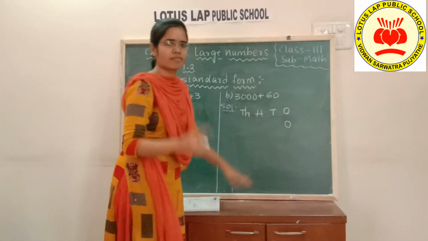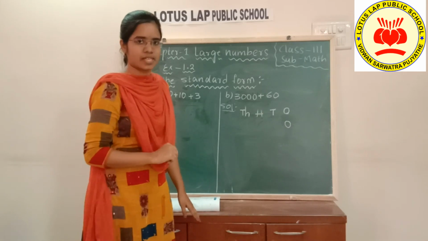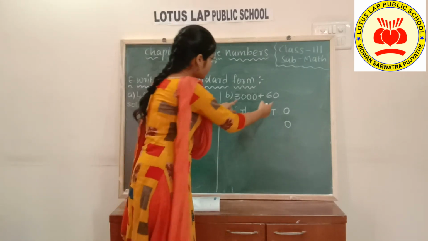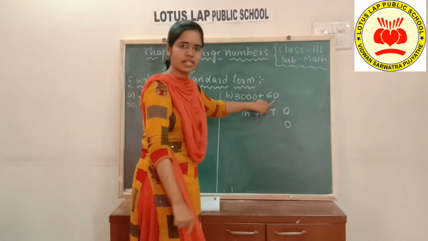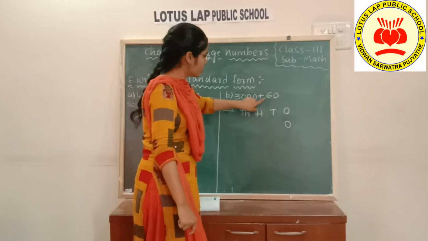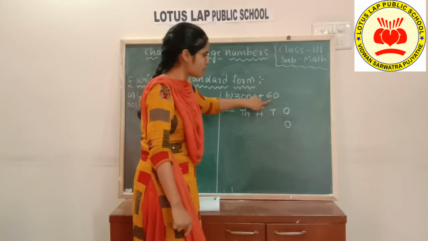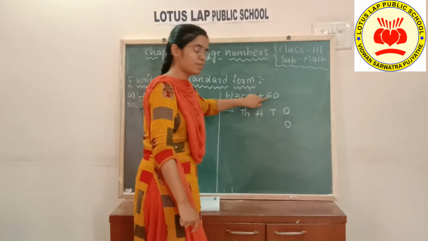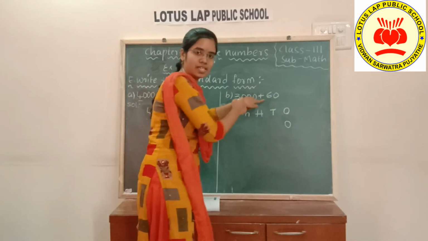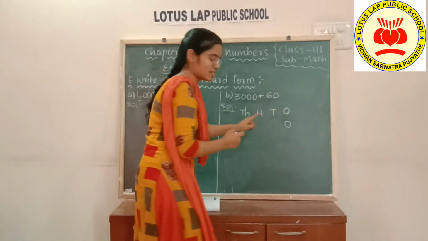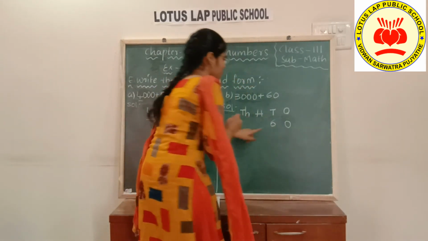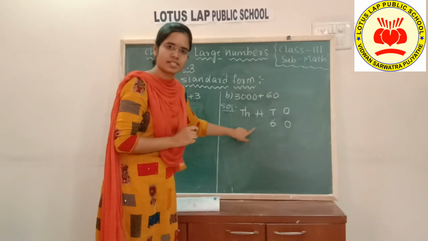Tens means definitely we should have 1 zero. Yes, here we have 1 zero. So 6 is in the tens place. 6 tens is 60. So the value becomes 60. Yes, good.